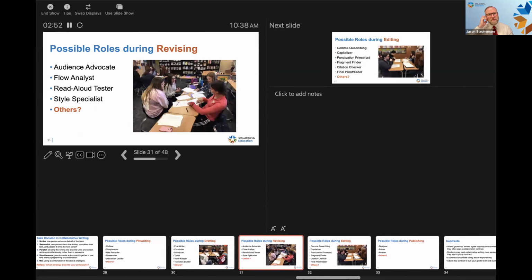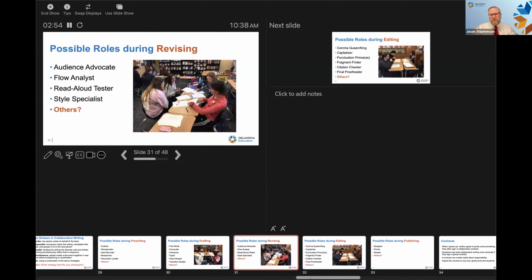Okay, during revising, there could be a student functioning as an audience advocate who's thinking about the audience and what they might need from the piece of writing if anything needs to change. There could be a flow analyst, making sure that each paragraph flows well and flows into the next one naturally. So someone who's probably working on transitions. There could be a read aloud tester where one of the students volunteers to read the draft aloud to catch any errors that might need to be addressed.